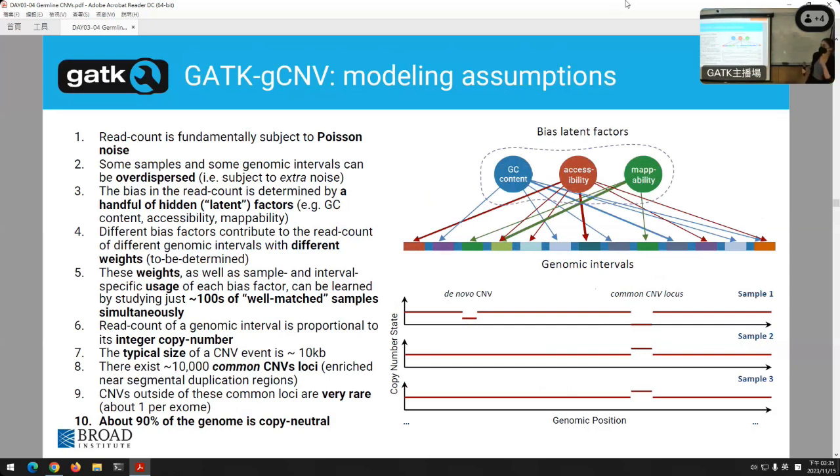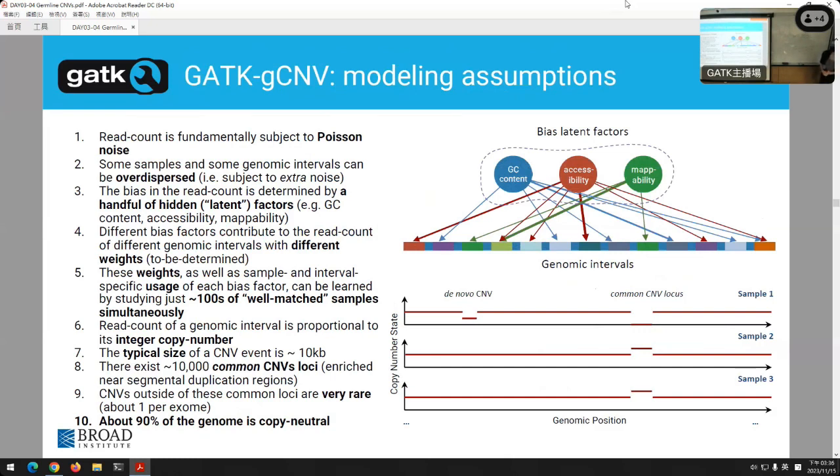So there's a visualization on the top right here of that concept where we have our latent bias factors such as GC content and accessibility, and they're pointing to different genomic intervals with different size arrows. So to illustrate that there are different weights for different intervals. Okay.